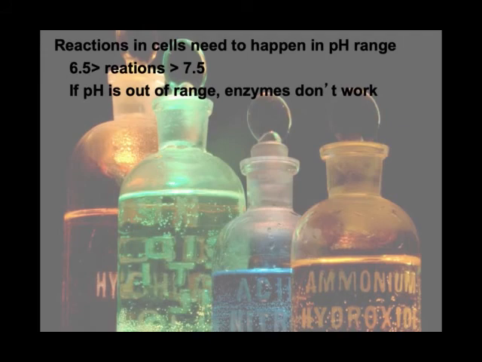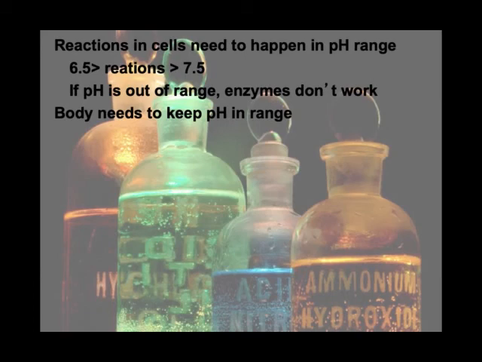If the pH is out of the range, the enzymes won't work and we'll get into a denaturing situation. The body needs to keep the pH in range. Now you're constantly eating acidic and basic foods, and all kinds of things are happening in your body that change your blood pH. So your body needs a lot of mechanisms to keep that in range.